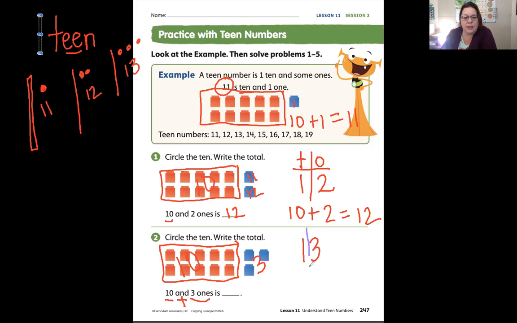So if I make my T chart, first you make a T, then you make an O. We have 10, and 3 more is 10, 11, 12, 13. 13 is our total. 10 plus 3 equals 13.